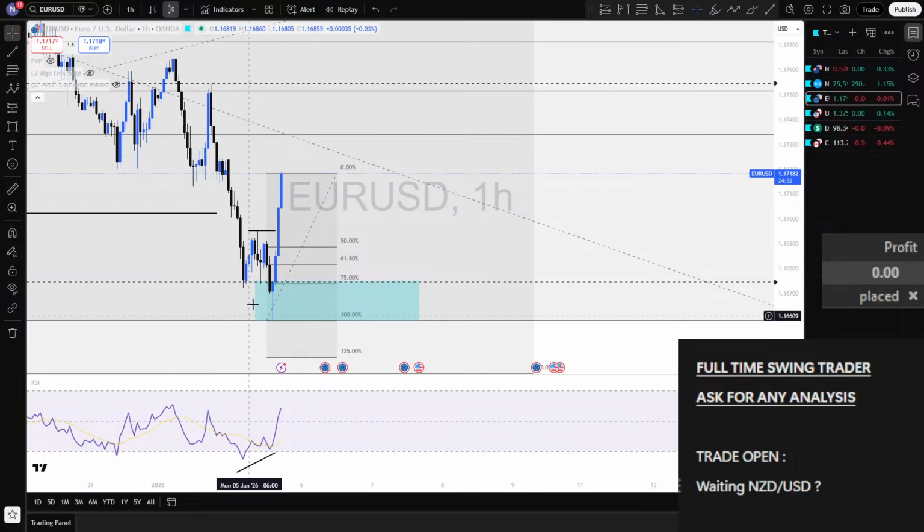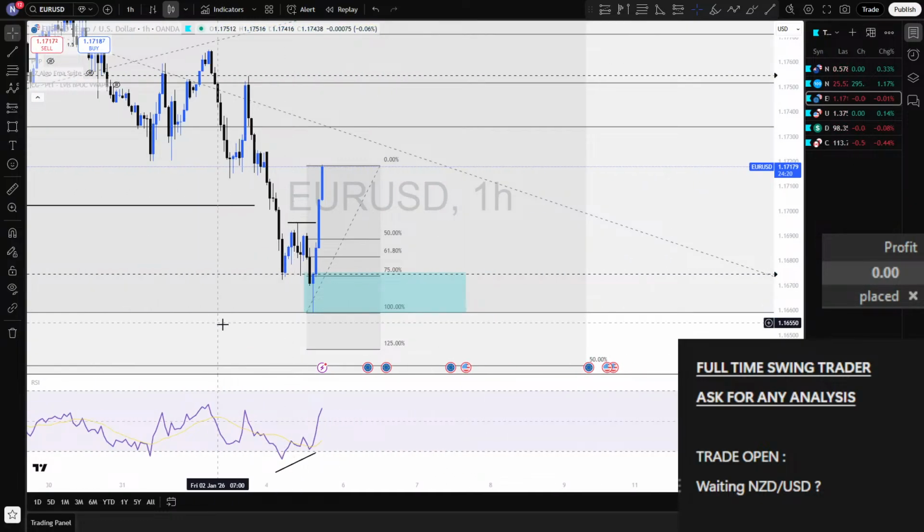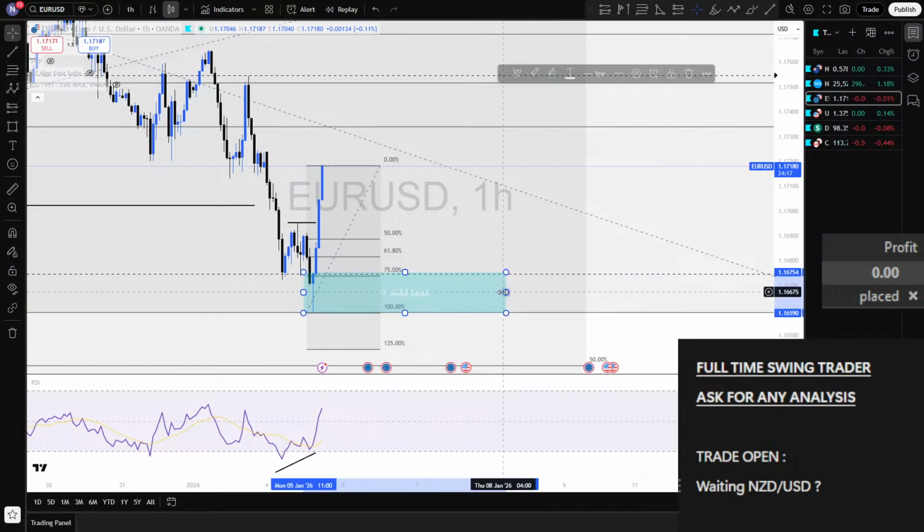When it breaks the demand or the supply like that without slowing down, it's supposed to come back to the extreme order block or POI, yeah.